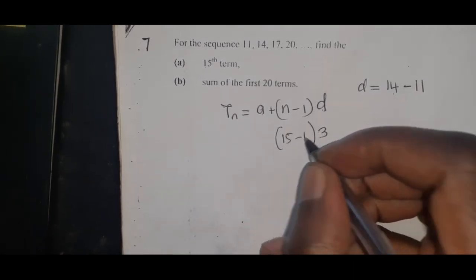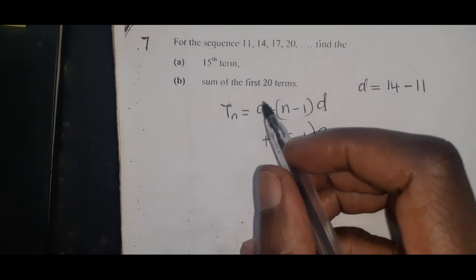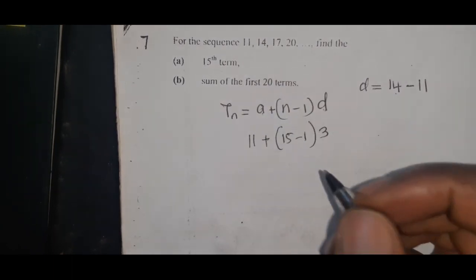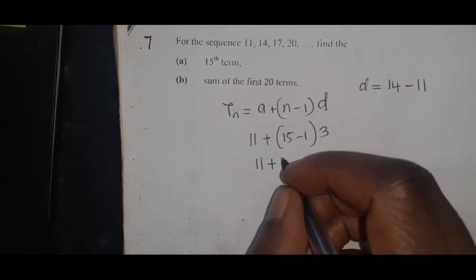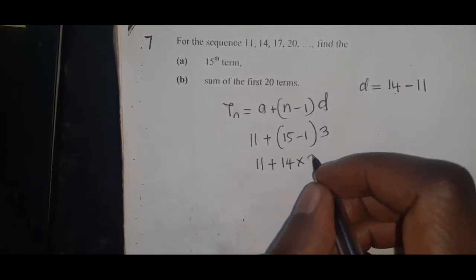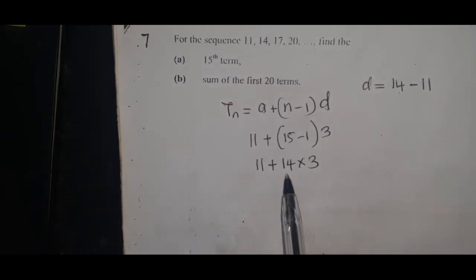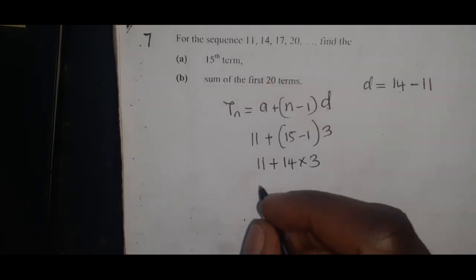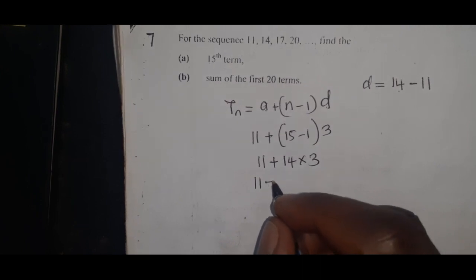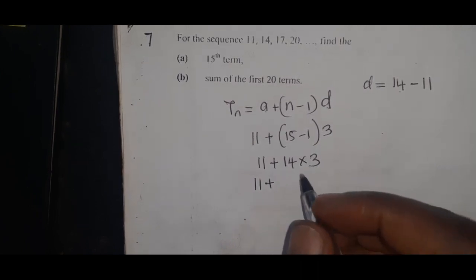15 minus 1. What is our first term? 11. 11 plus what do we get? 14 multiplied by 3. So before we add, we need to multiply. So this is going to give us 11 plus, what do we get here?